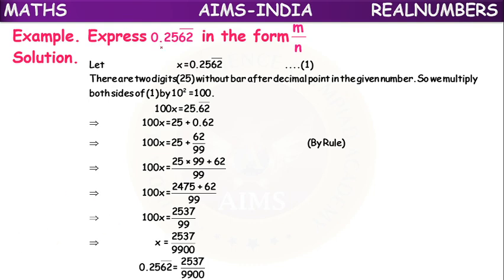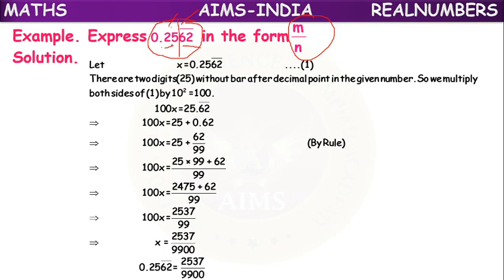Now, 0.2562 bar. 25 is not repeating, 62 digits are repeating. We have to write this mixed recurring decimal, because some part is not repeating and some part is repeating, in the form of m by n.